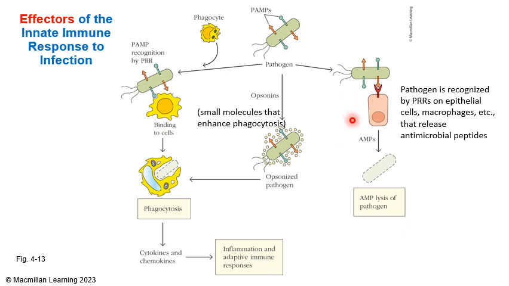Or you can produce some molecules that are going to punch holes in the microbe. So these are always strategies of innate defense, and they are very effective, so we call those effectors of innate defense. Okay?